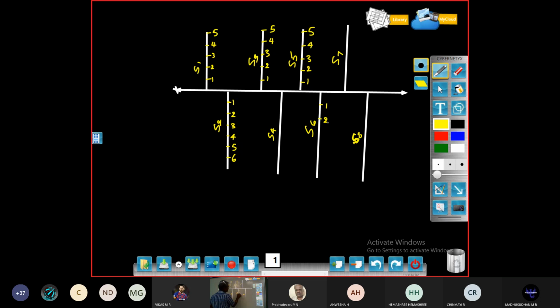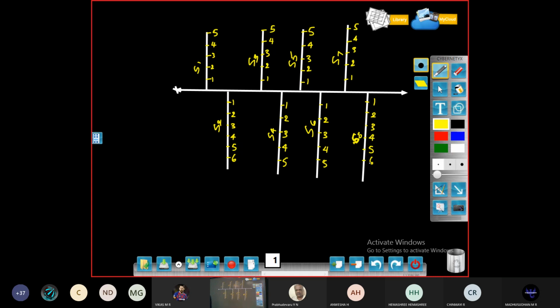Again 1, 2, 3, 4, 5. So let us mark the houses by number. So we marked the houses also. This is the main road.